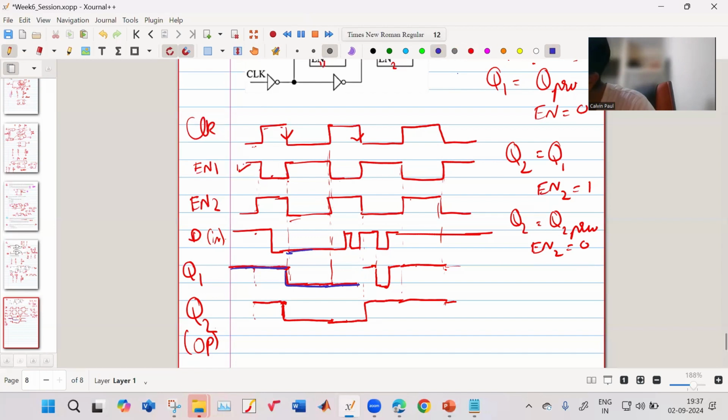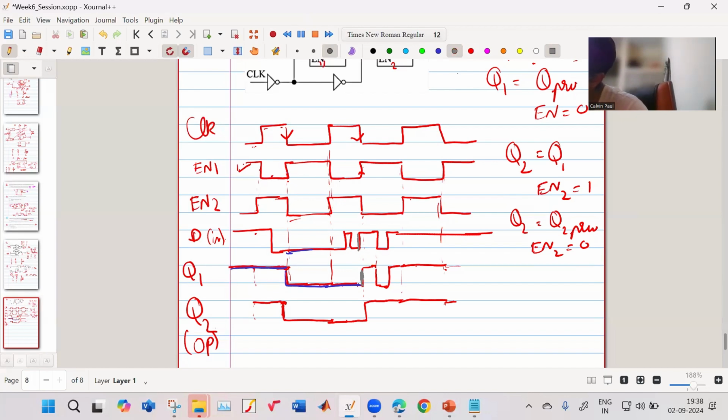So then, when enable 1 becomes high, only this Q1 will become high. Although this has gone high over here, Q1 will go high only over here, because at that instant only enable 1 has gone high.